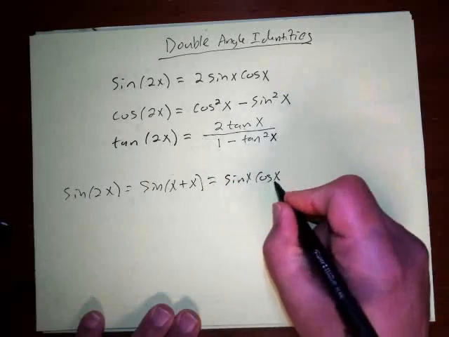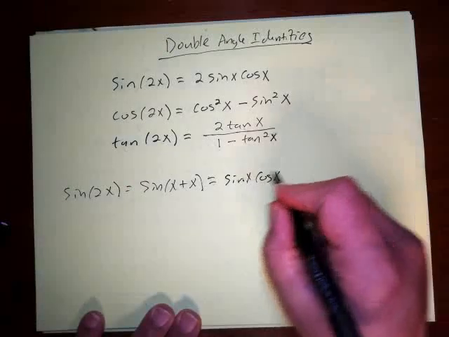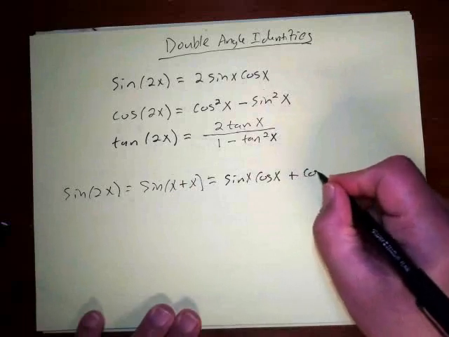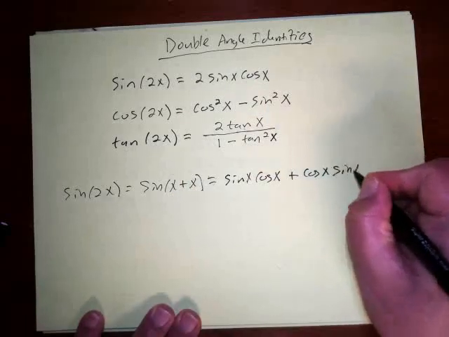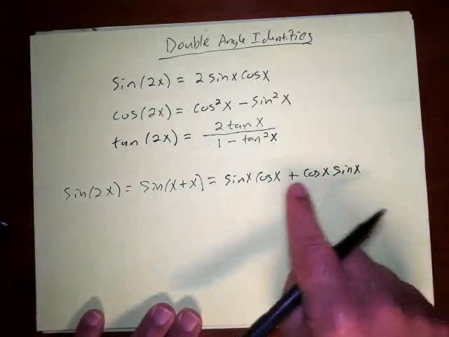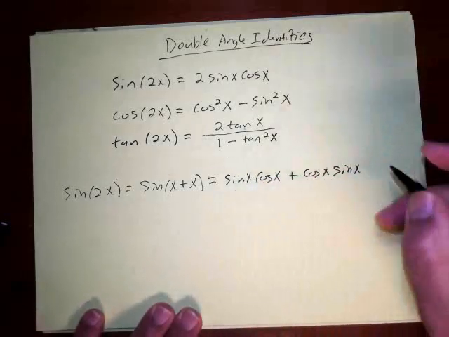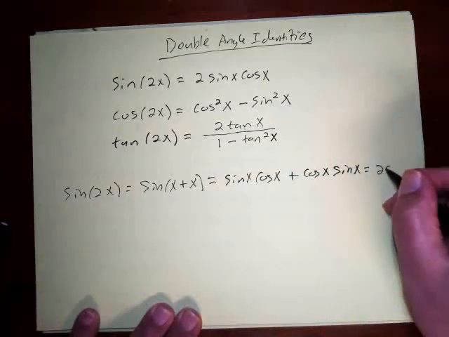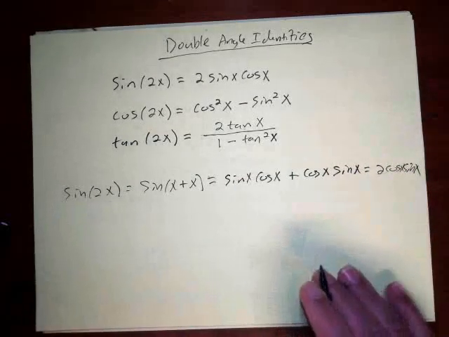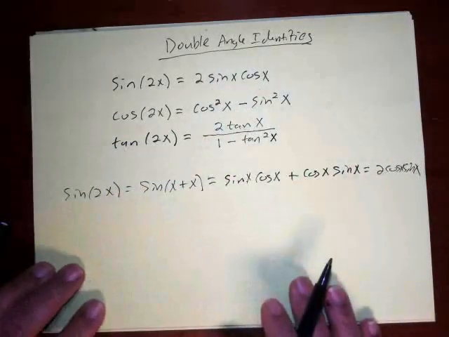This is like the a and the b, but they're both the same. And then the plus will be the same, and then I'll get cosine x sine x. Again, they're both the same, but now these are the same, because you could commute this around, right? And so what you really have are two of those, and that's where you get this identity.